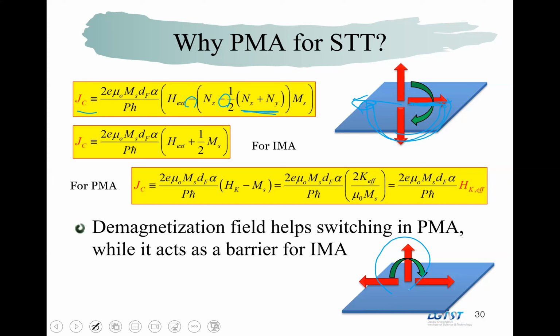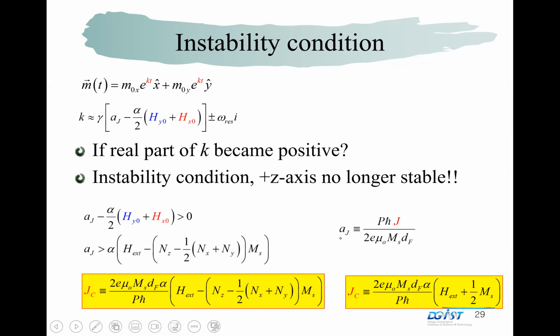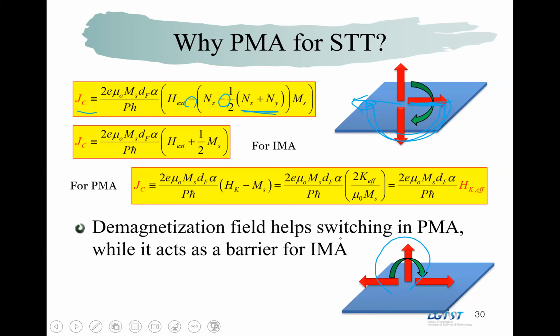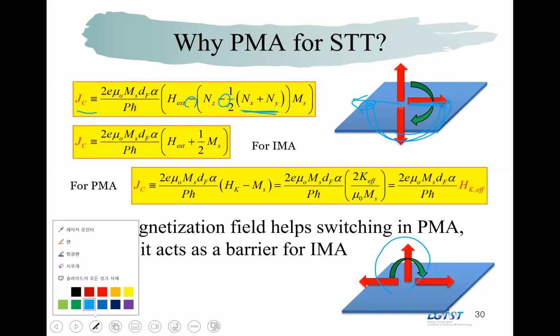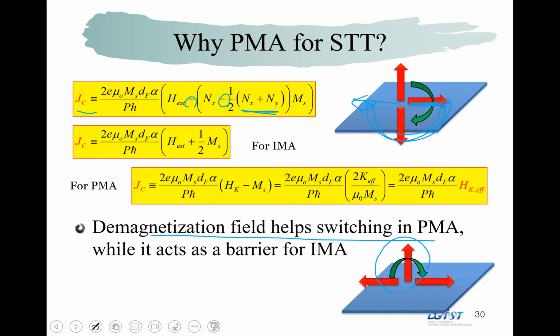So the dynamic field is helpful for switching in the PMA, while it acts as a barrier for the IMA. Okay. So generally, PMA requires smaller current density for the switching.